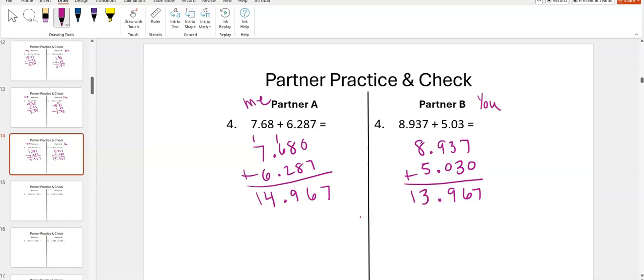What'd I do wrong? 7. Did I mess up on something? I feel like our numbers are off. Let's double check. 6, 7, 8, 9. Where'd this extra 1 come from? That doesn't need to be there. Oops, I messed up this time. Good job. 13 and 967 10,000ths.